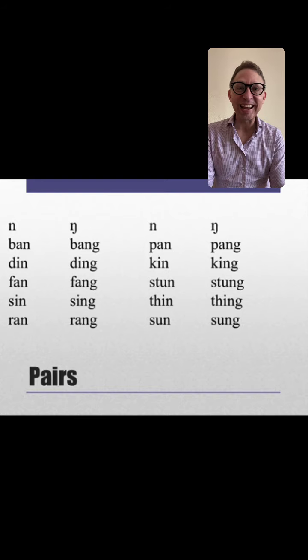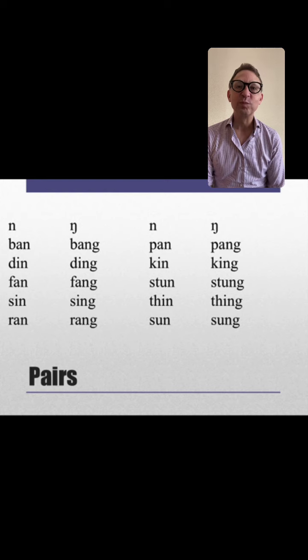Pan and pang. And then we have kin and king. Kin is collocated next of kin. It's very often, and that means your next relative. So kin is your family, your extended family, or your relatives. That's your kin.